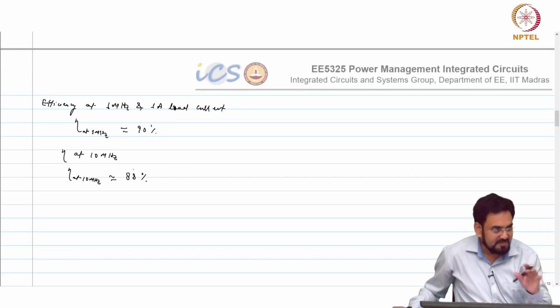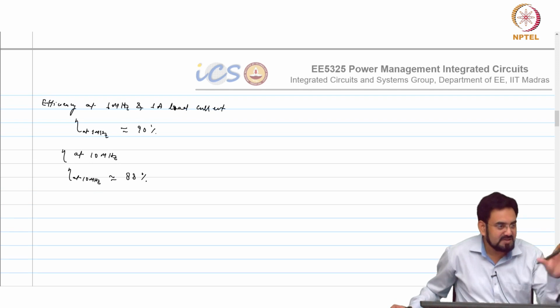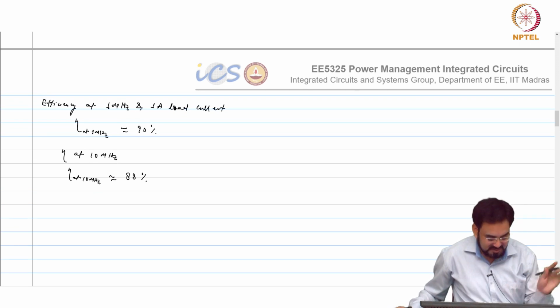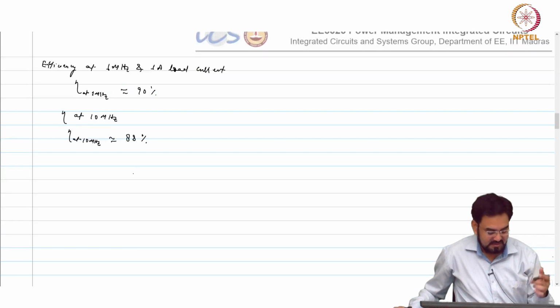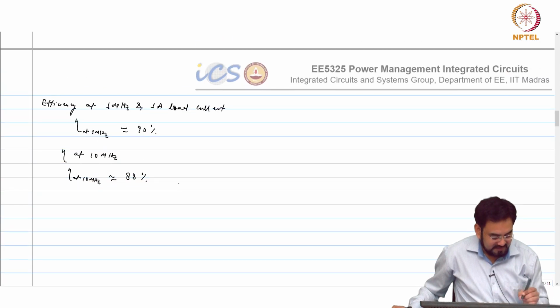So, these numbers may not be exactly accurate, there will be plus minus 1% error, but that does not matter. I am just trying to give you an idea of how much it will affect your efficiency.